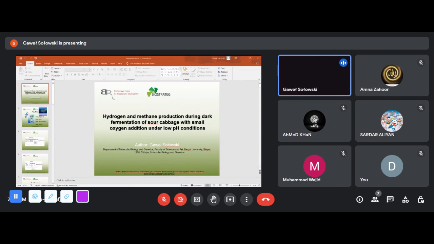As a substrate, we use sour cabbage, with high volatile solids, which means that it is easily digested, because sour cabbage is pickled cabbage, traditional food in Germany known as sauerkraut. In China and Korea, this dish is known as kimchi.